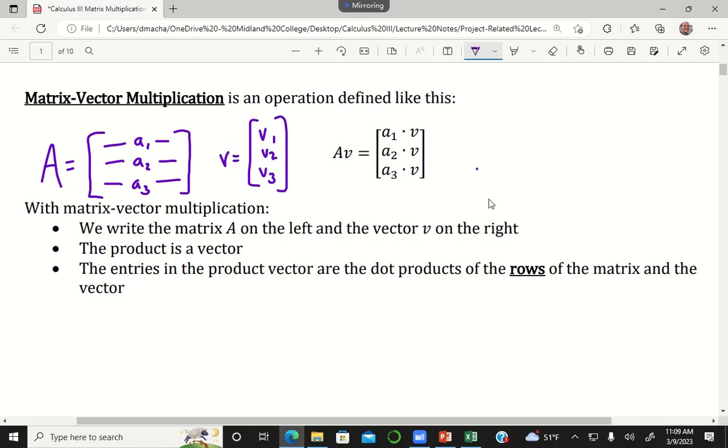Then if I want to multiply A times V, we're going to define matrix vector multiplication to be this, where the product of the multiplication is a vector, and all of the entries in this vector are dot products. It's going to be the dot product between the rows of the matrix and the vector.